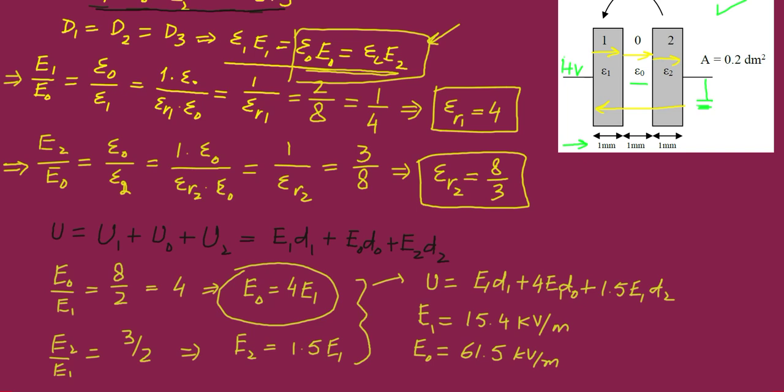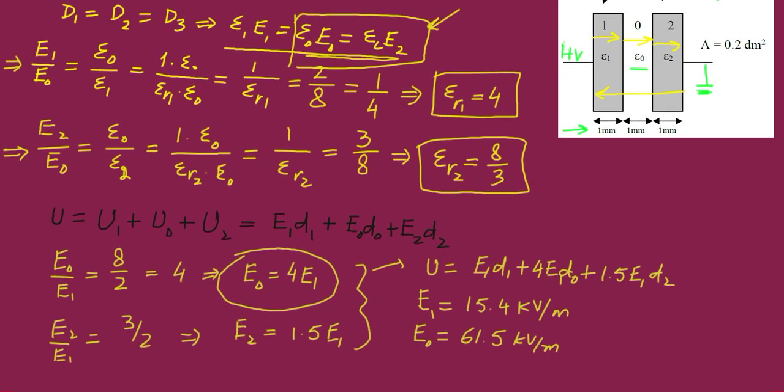And the value of E2 is equal to 1.5 times E1, so E2 is equal to 1.5 times 15.4, that will be 23.1 kilovolt per meter. So this is all. Thank you.